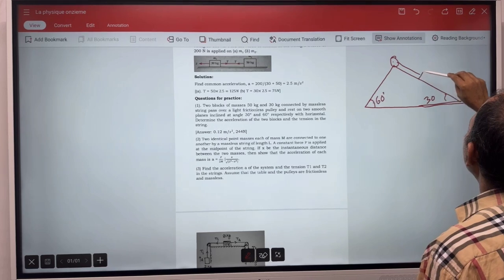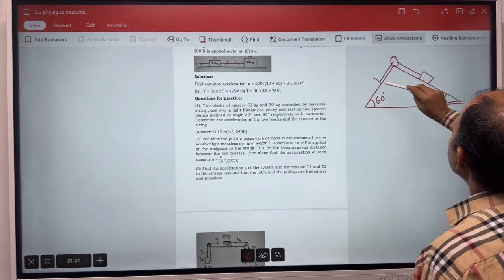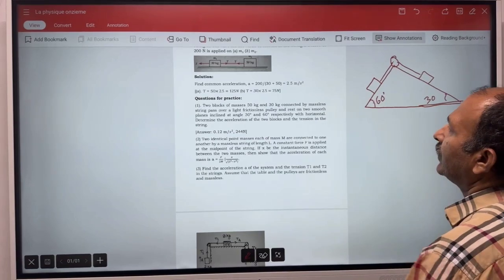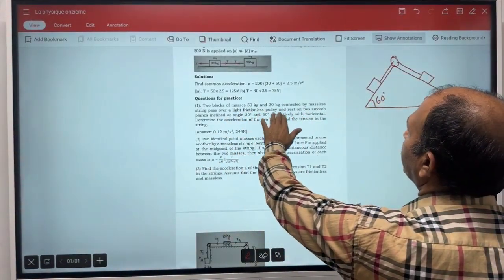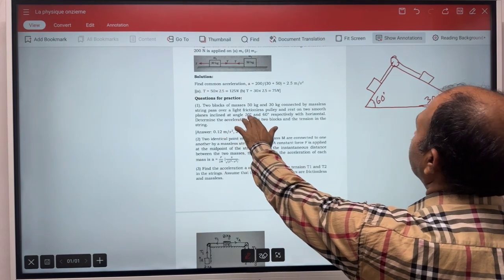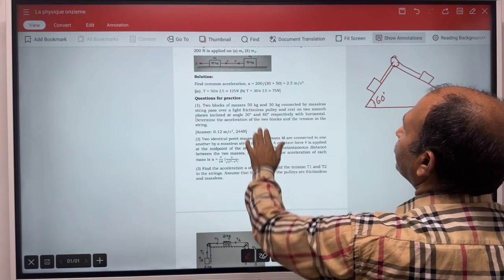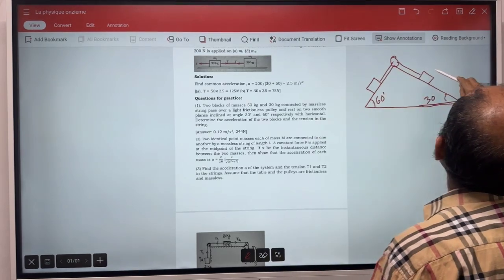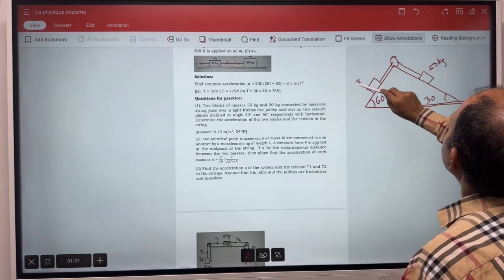Here one mass is there and here another mass is there. So two blocks of mass 50 kg, 30 kg are connected by a massless string over a pulley and rest on smooth inclines at 30 degrees and 60 degrees respectively. So 50 lies on the 30 degree side. So here 50 kg and here 30 kg.